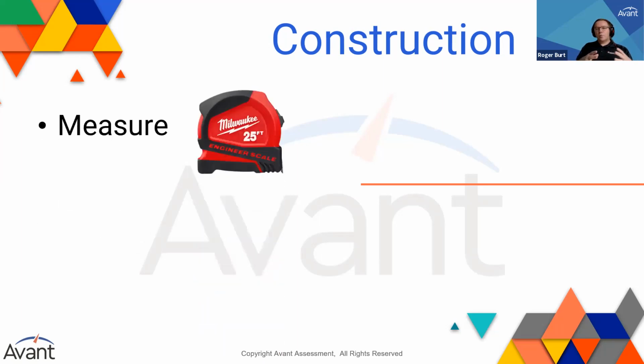I need to measure the space that I'm working with to know how it's made up, what kinds of things might be able to fit in there, and what things might not. That helps me determine how things are going to go forward.